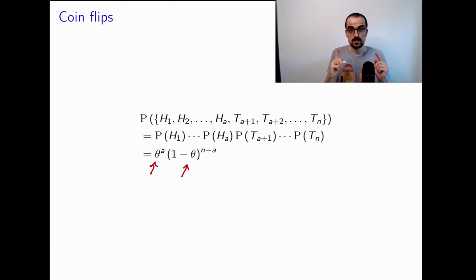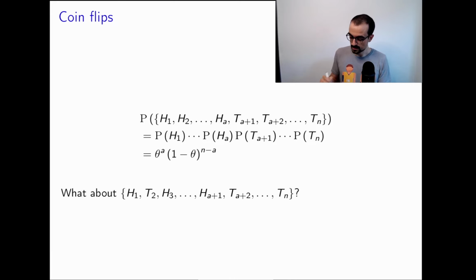But that only gives us one of the orderings. We need to worry about every other possible ordering. So here, for example, imagine it was heads, then tails, and then A minus 1 heads, and then n minus A minus 1 tails, so a different ordering.